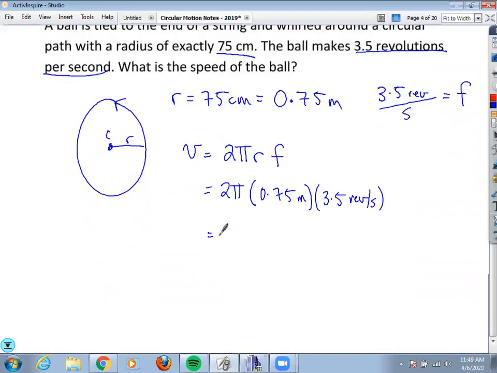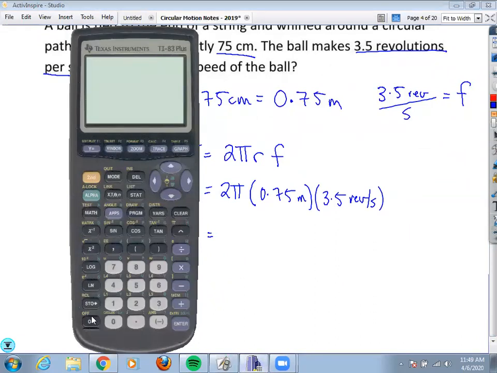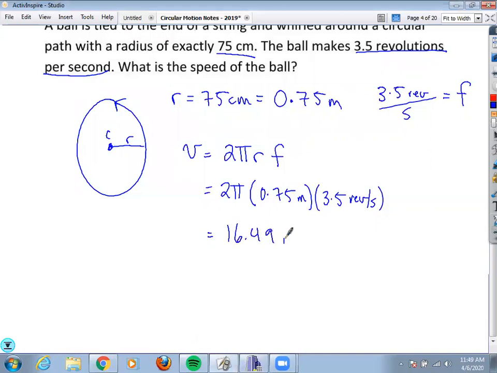We can plug it into the calculator: 2 pi times 0.75 multiplied by 3.5, and that yields 16.49 meters per second. That would be the speed of the ball moving around the circular path.